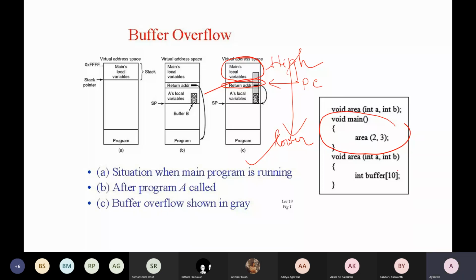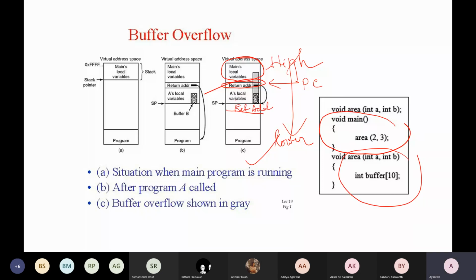Next comes the function you are calling, the A function. That is A's local address space, where local variables are stored. And the return address related to function A should come here. This will be the return address.